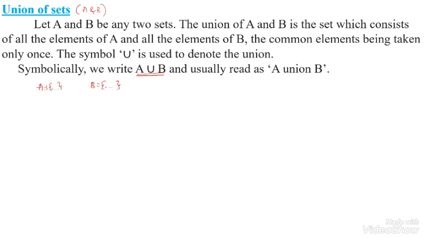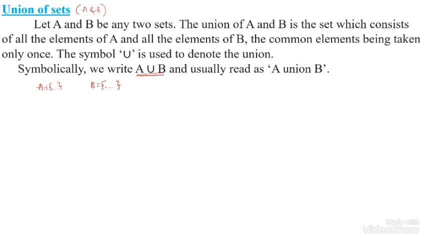The union of A and B consists of all the elements of A and all the elements of B. We add both sets' elements, and the common elements are taken only once. The symbol ∪ is read as union, so we read A ∪ B as A union B.